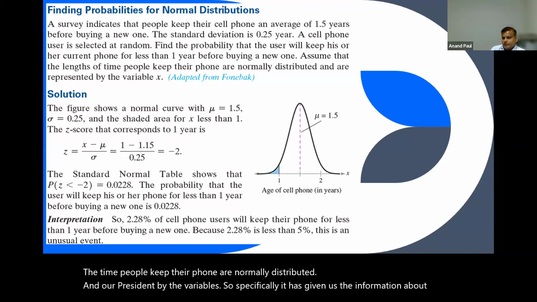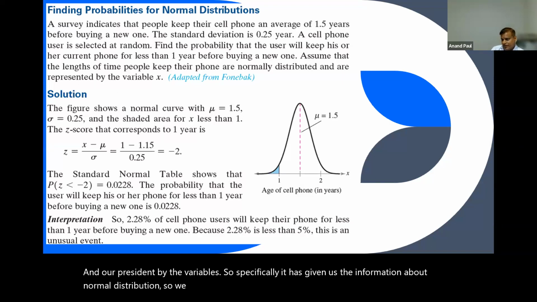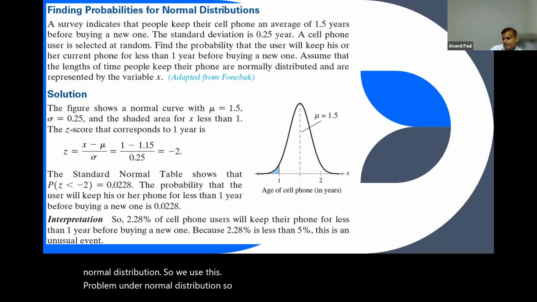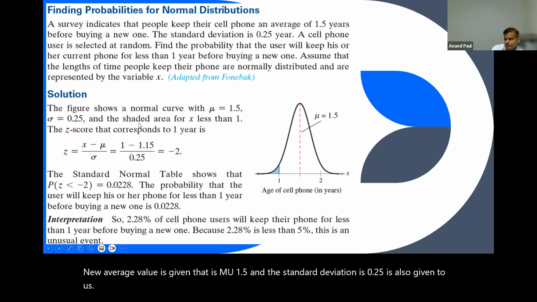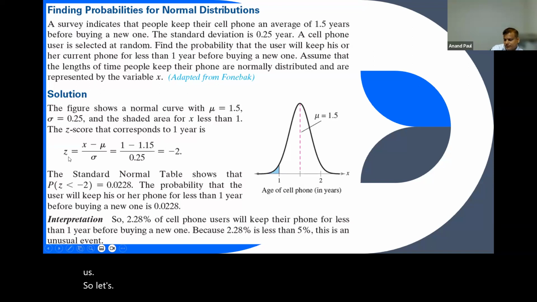So we use this problem under normal distribution. We calculate the z-score first. Mu, the average value, is given, that is mu 1.5, and the standard deviation 0.25 is also given to us. So let's try to use this information to find the z-score. We have to find that a person would keep the phone for less than 1 year, right?